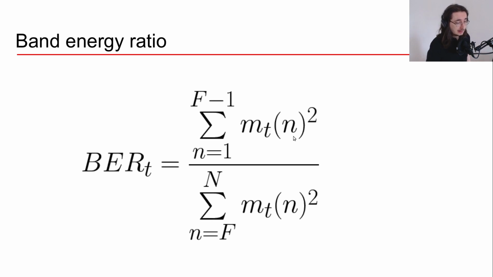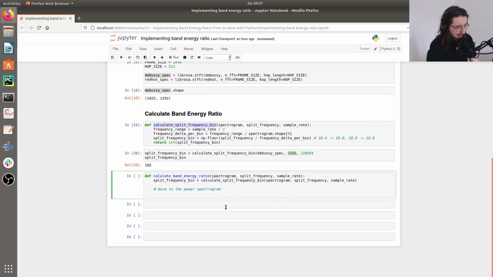Because we are taking the magnitude spectrogram here for a given frame at a given frequency bin, and we are squaring it, which basically means we are moving from the magnitude to the power. Okay, and so rather than calculating this power at each point in time and frequency bin, we'll just calculate it once initially. So what I want to do, as I said, is move to the power spectrogram.